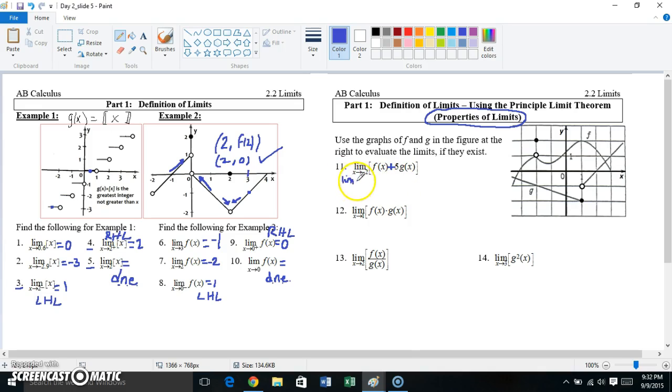So I'm going to say the limit of f of x plus the limit of 5 times g of x, as x approaches 2 in both instances. All right, that looks simple enough, but let's take a look at the limit of a constant times a function. The limit of a constant times a function is going to be the constant times the limit of the function.